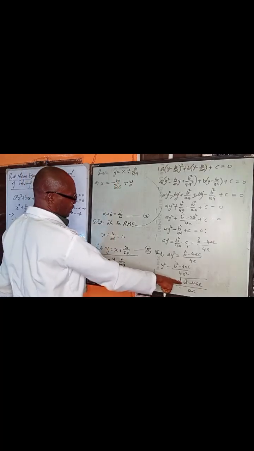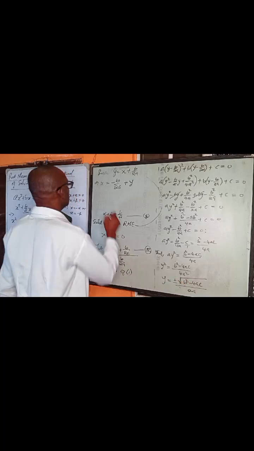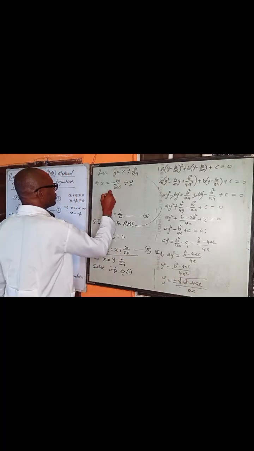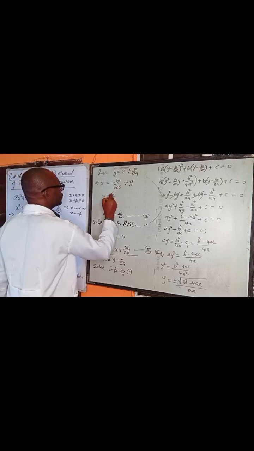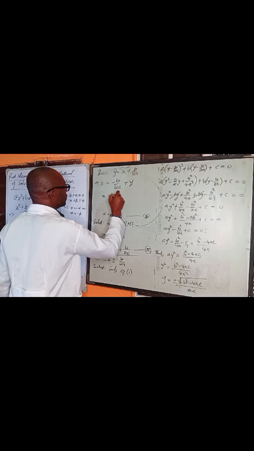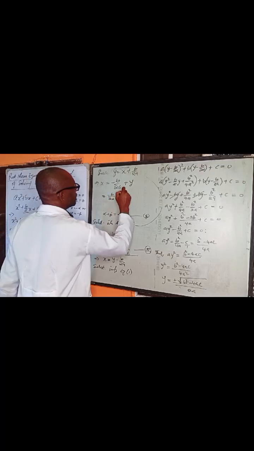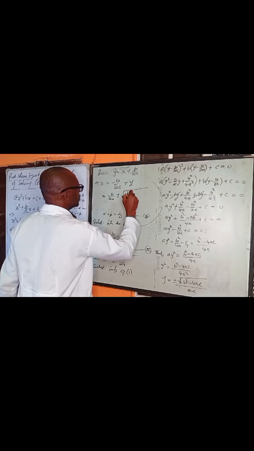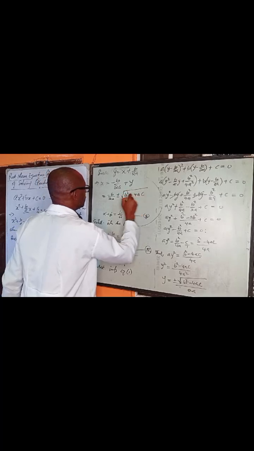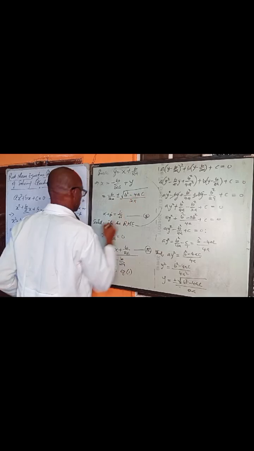And what is our y? Our y is square root of b squared minus 4ac over 2a. So if we substitute that, we have minus b over 2a plus or minus square root of b squared minus 4ac all over what? 2a. Okay?